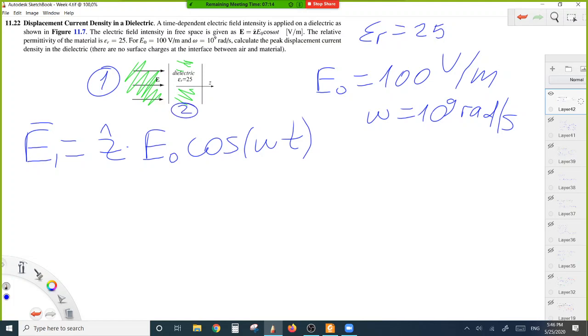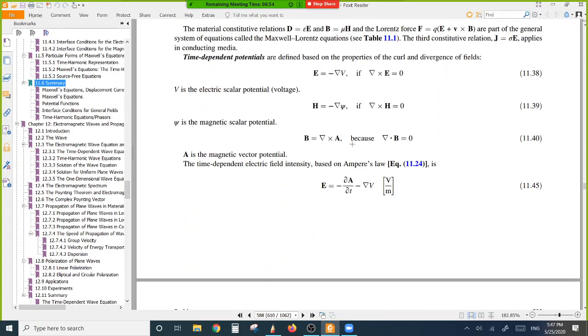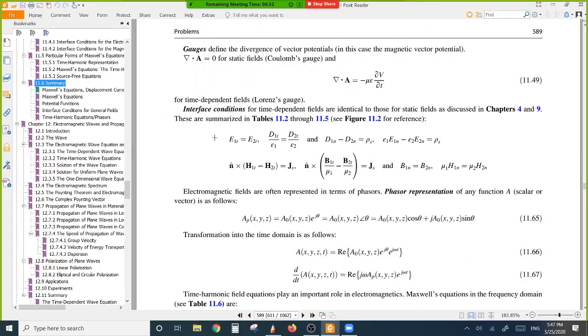D1 is simply epsilon 0 E1. And we go to the boundary conditions here.